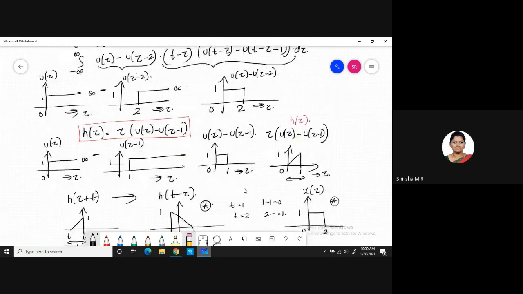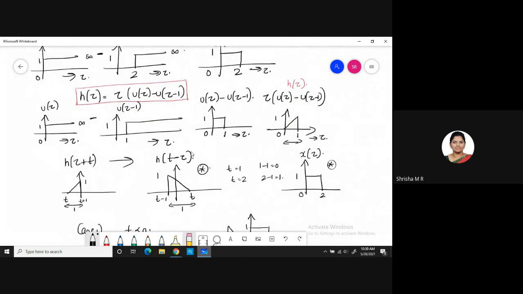Now we have to plot h of t minus tau. How to plot h of t minus tau? First we'll plot h of tau plus t. Then we'll take the time reversal of that to get h of t minus tau. Okay, so this is h of tau. So h of tau plus t will be like this. Okay, so it will be from t plus 1 to t.